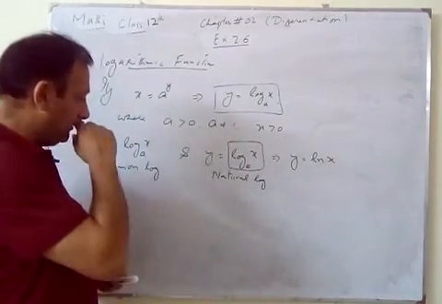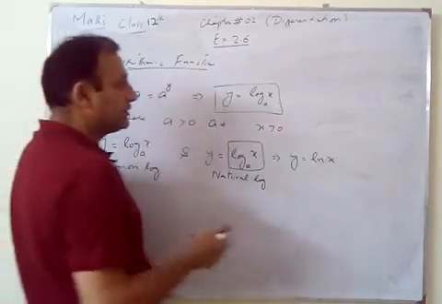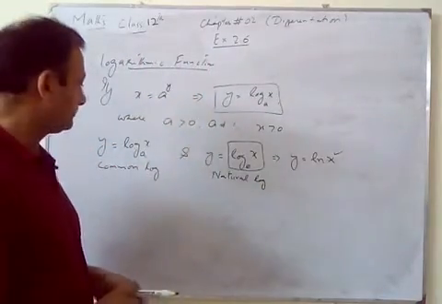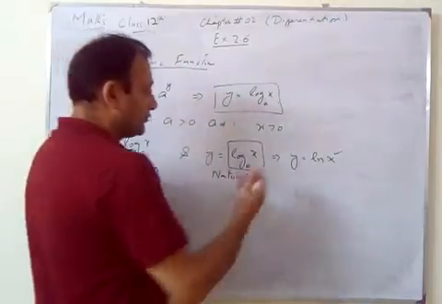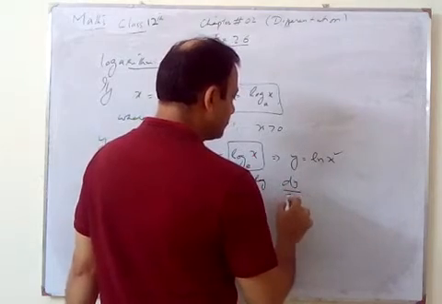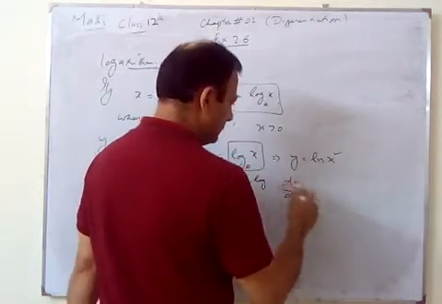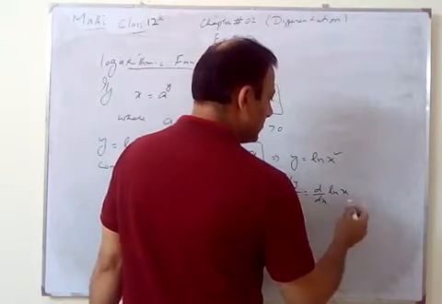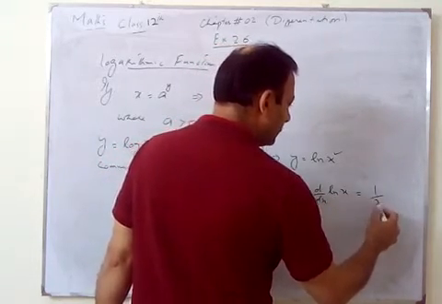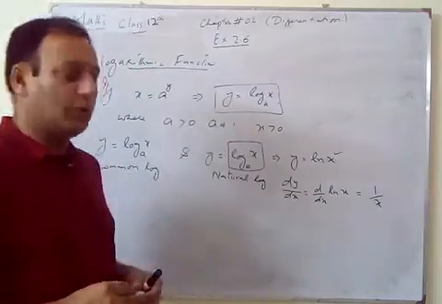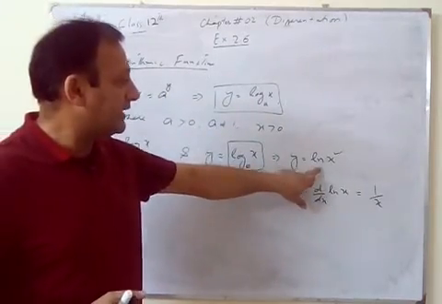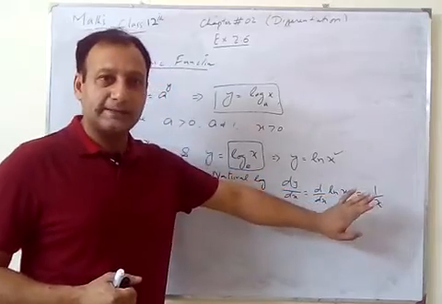And in this we use the natural logarithm, not the common logarithm. So the derivative of the natural logarithm is 1 by x.